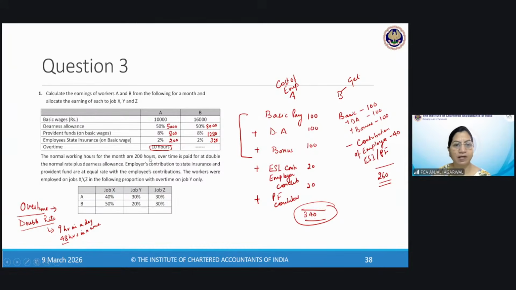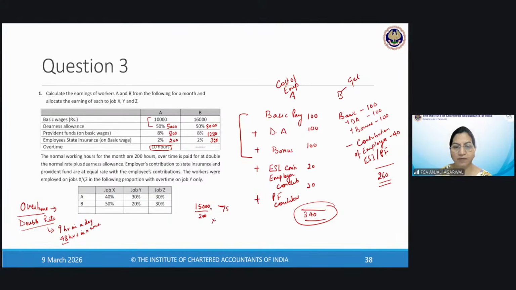So the normal working hours are 200 and overtime is paid at double rate plus DA. So overtime is applicable only for the basic and DA. So this is 10 plus 5, 15,000 is the total wages for 200 hours. 15,000 divided by 200, so the hourly rate comes out to be 75.